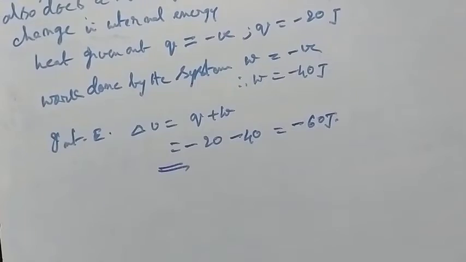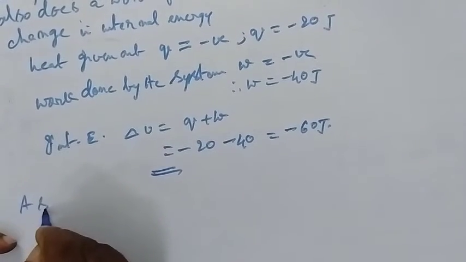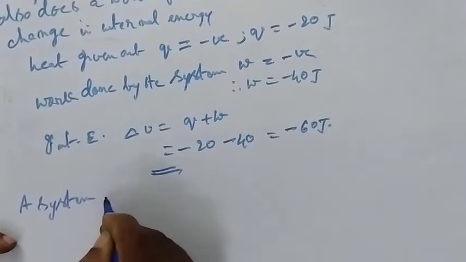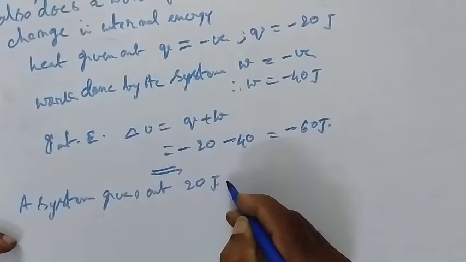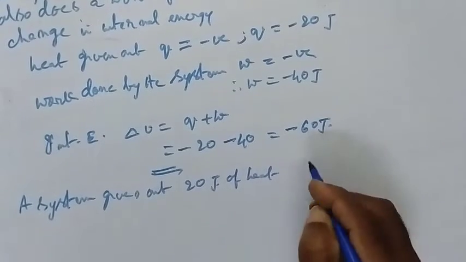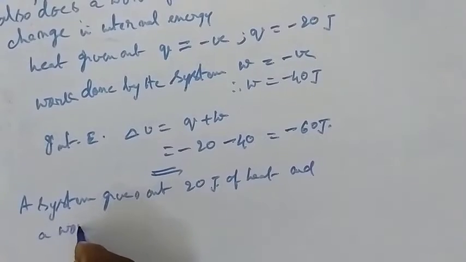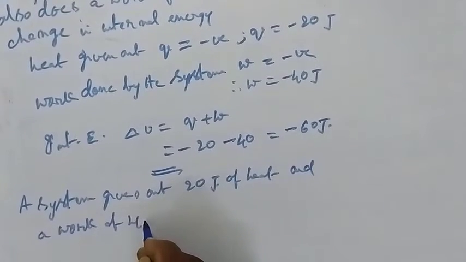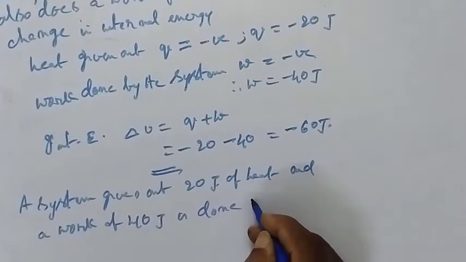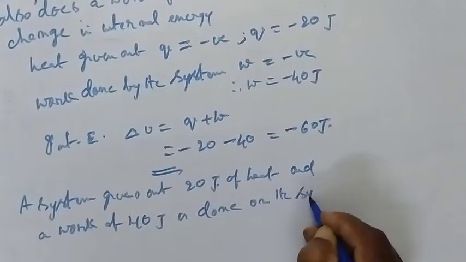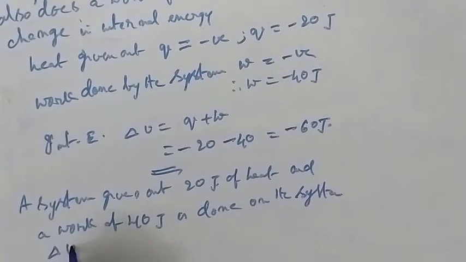Now let us change the conditions. The same problem, a system gives out 20 joule of heat and a work of 40 joule is done on the system. Then what is the change in internal energy?